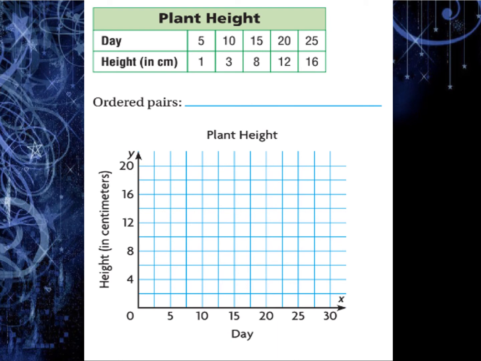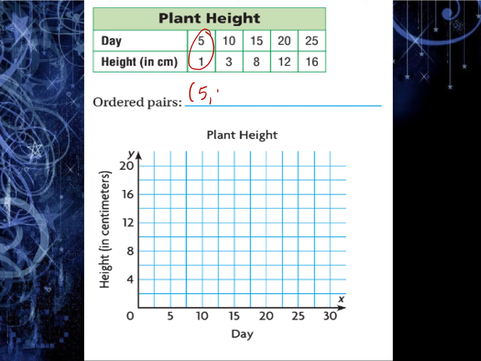So let's look at my plant height. Imagine taking a seed, planting it in the ground, like a bean seed, and watching it grow and tracking its growth over a period of time. So we know as the days get larger, the height will also get larger, right? So we start with our ordered pair. My first ordered pair is day 5, it was 1 centimeter.